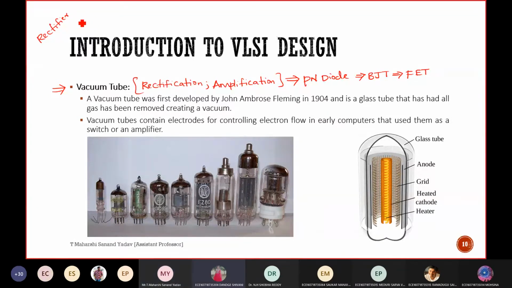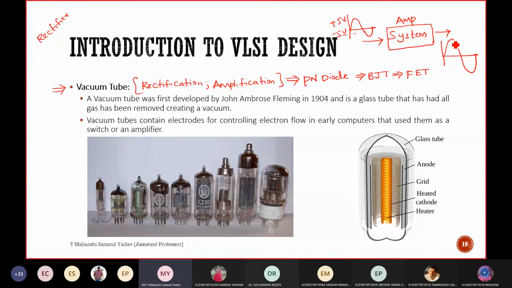Opposite of amplifier? No. Amplifier means it is used to amplify the signal. Suppose this is a system and I'm providing some input here, let us say a sinusoidal input of plus 5 volt and minus 5 volt. If the system works as an amplifier, then I'll get an output greater than the input.